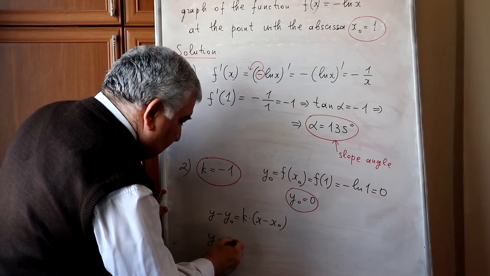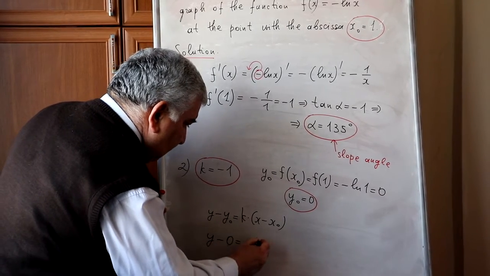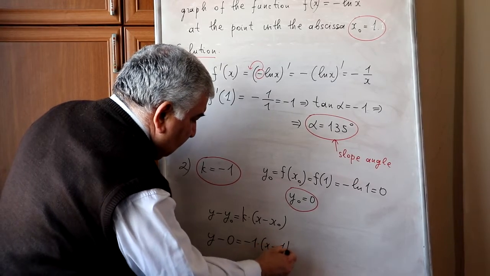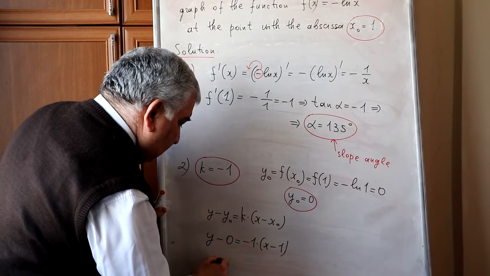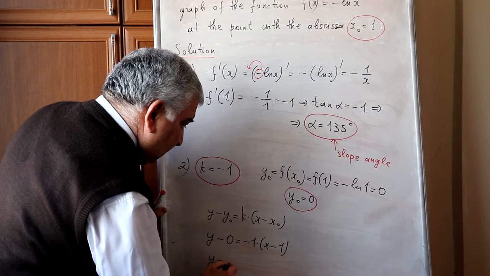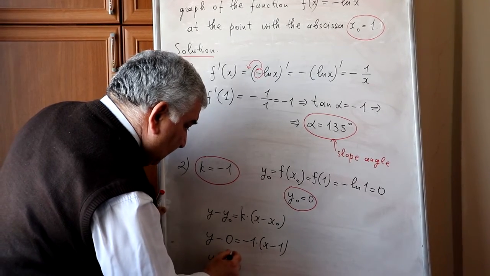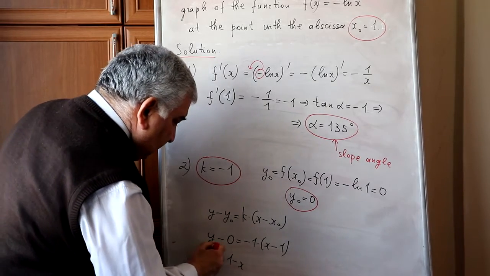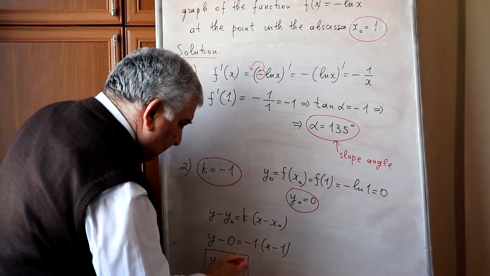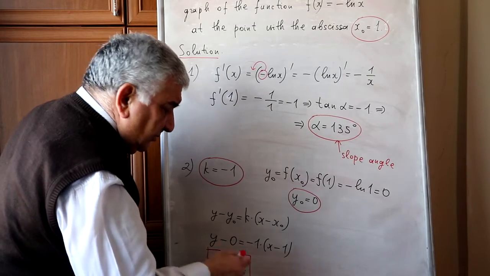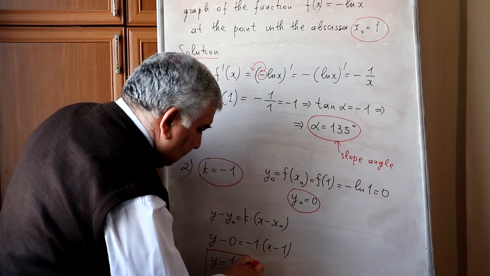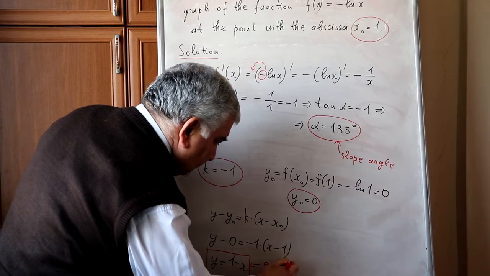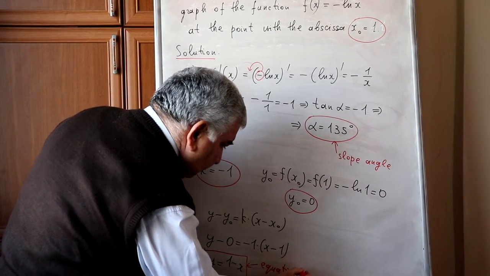Y minus 0 equals minus 1 multiplied by x minus 1. That is, y equals 1 minus x. It is the equation of the tangent.